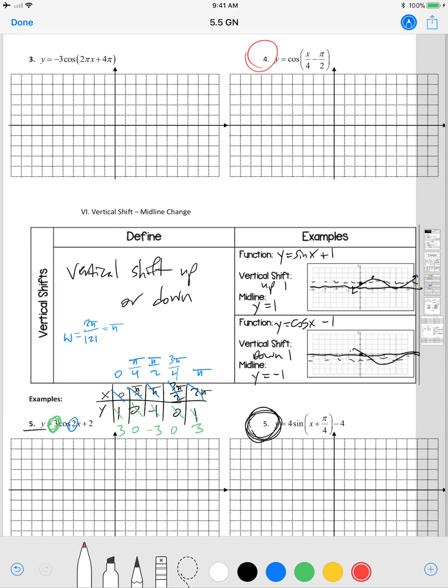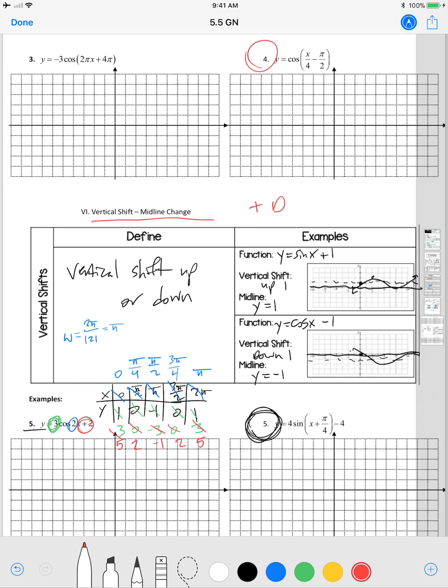And then my last transformation, the midline shift, the vertical shift, was that d in my standard form. So I'm adding 2 to my y values.